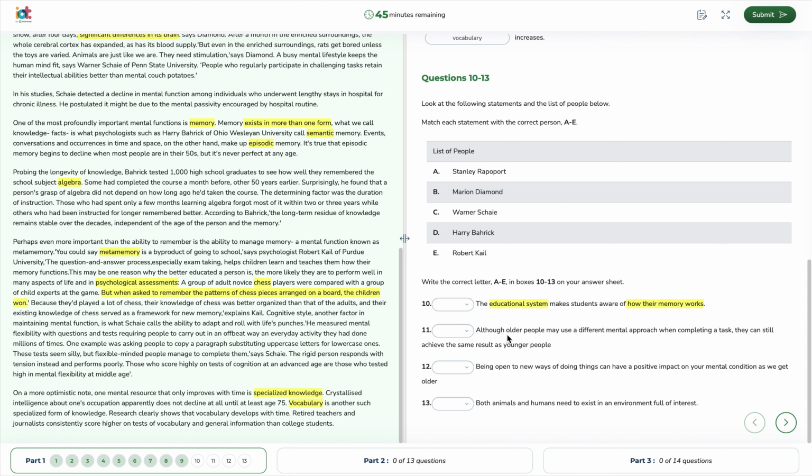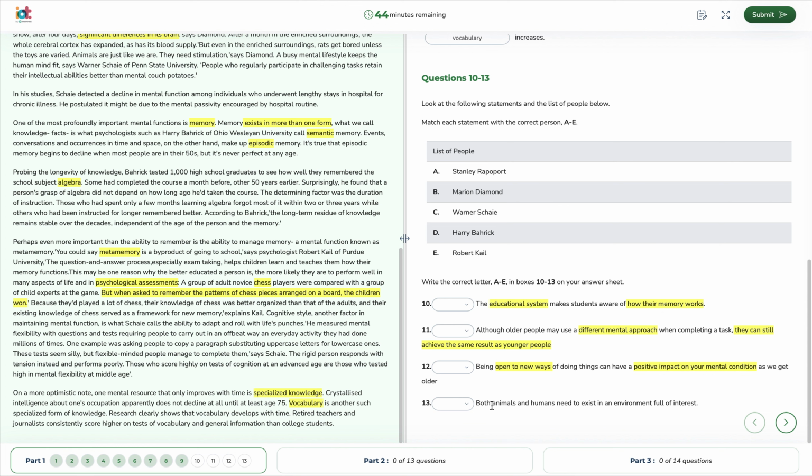The other says, although older people may use a different mental approach while completing a task, they can still achieve the same result as younger ones. Different mental approach. Being open to new ways of doing things can have a positive impact on your mental condition. Open to new ways. Positive impact on your mental condition.